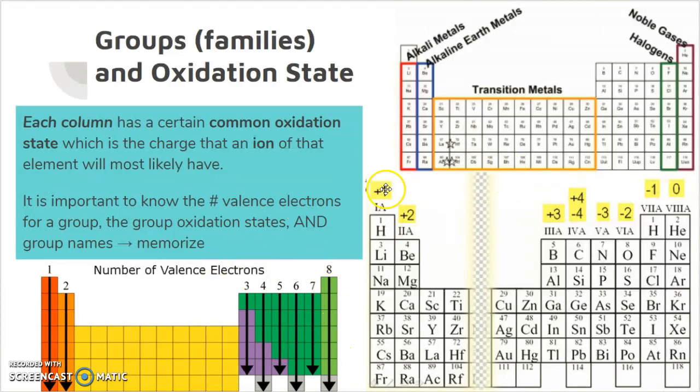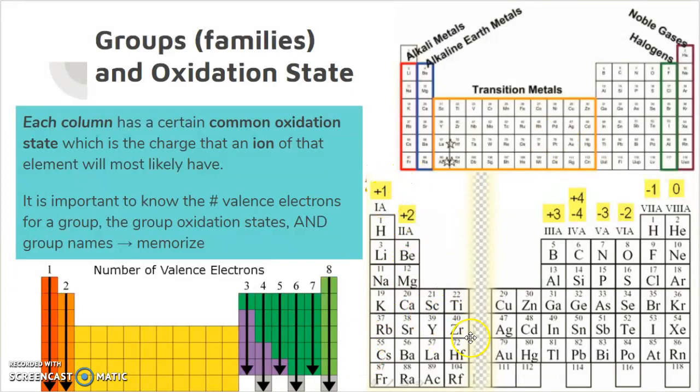Okay, so the number of valence electrons will tell you what the oxidation state or the charge of the typical ion formed by that element would be. So anything in this column would have a +1 charge because it started out with 1 valence electron. That's very close to 0, so it's very easy for it to just lose that electron and empty out its shell and get a +1 charge.